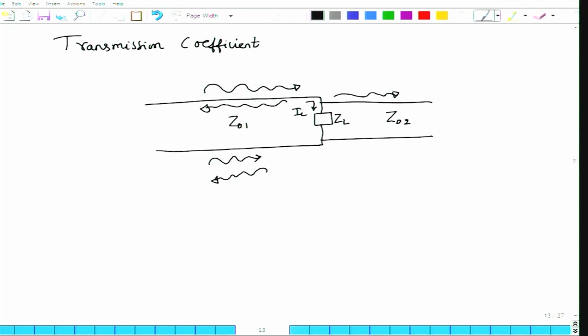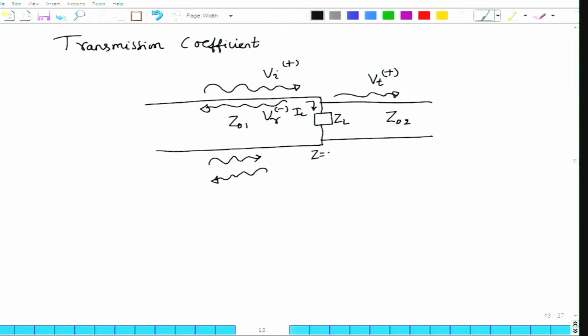You can also think of the current in the same way. I have an incident current, a reflected current, some current passing through the load, and the remaining current that is transmitted. So I have incident voltage Vi, reflected voltage Vr, and transmitted voltage Vt. Please remember, Vi will be plus, Vr will be minus, Vt will again be plus.